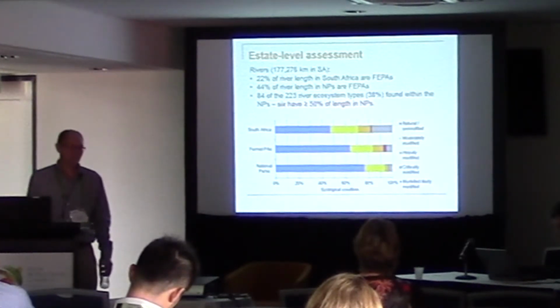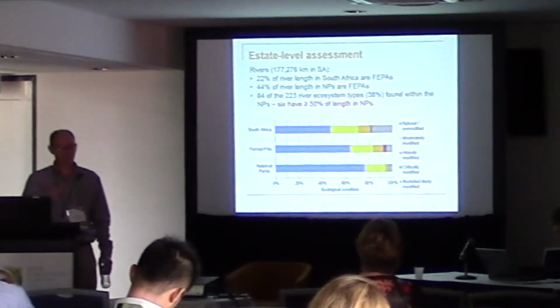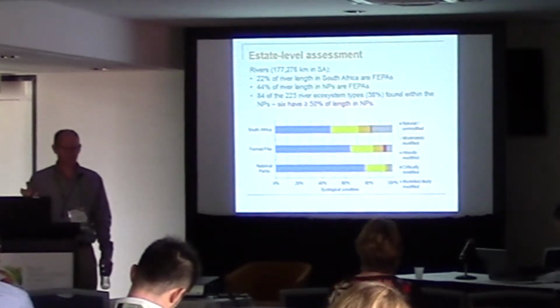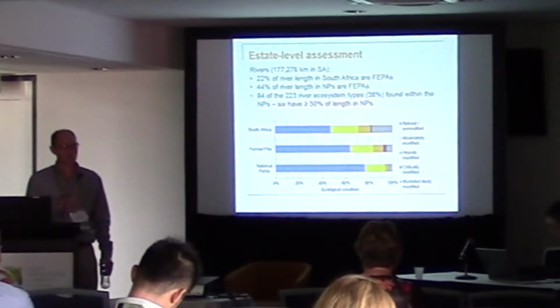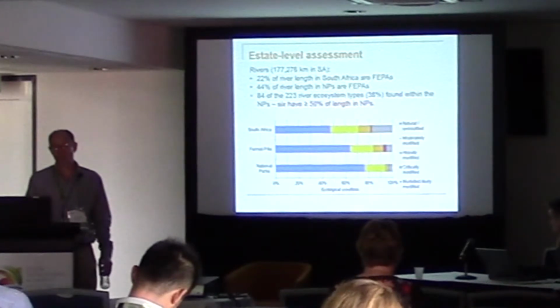We've used that underpinning data to come up with a number of messages. First, at the estate level, the conservation agency. There are some of the statistics, we don't have to bother too much. One of the messages is that, as Jean has mentioned, river types are not well represented in the national parks.